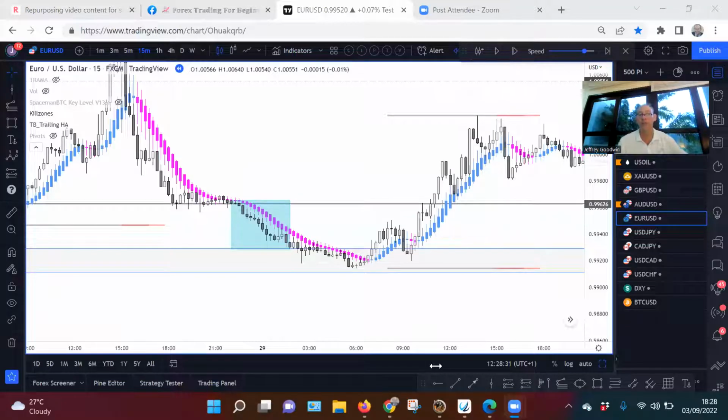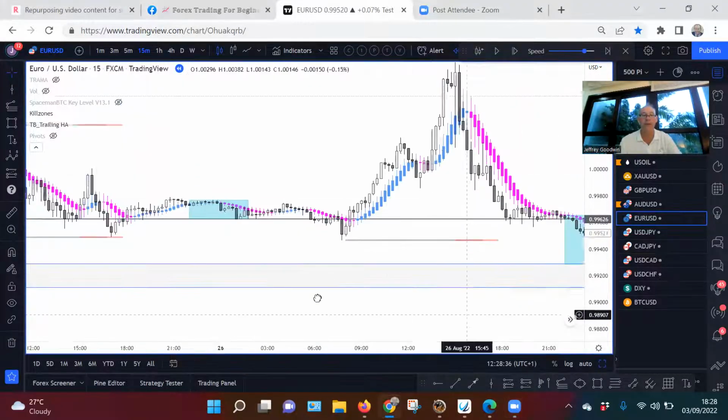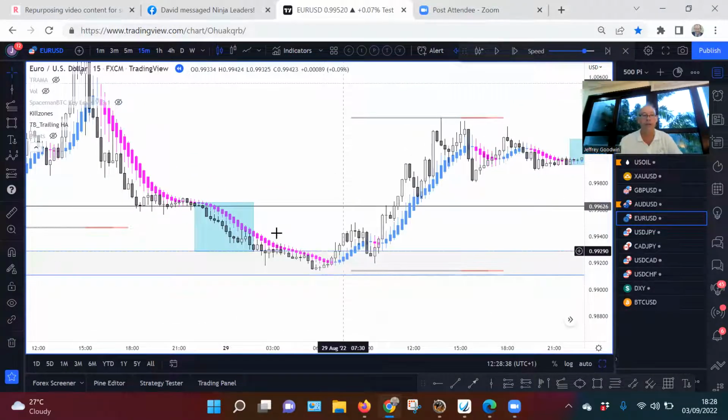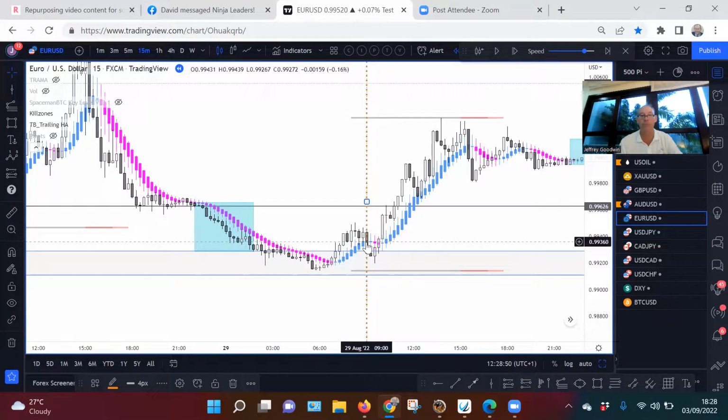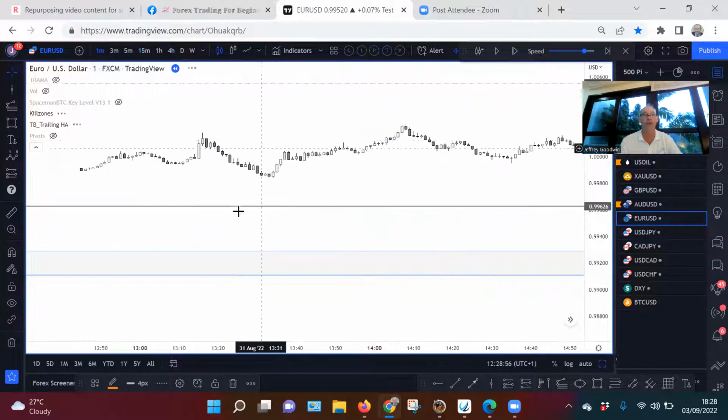So that's this low here. It's going above there. We get a pullback, and at that point, ladies and gentlemen, as it starts pushing down, we could even drop down to the 5, the 3, or even the 1 minute.